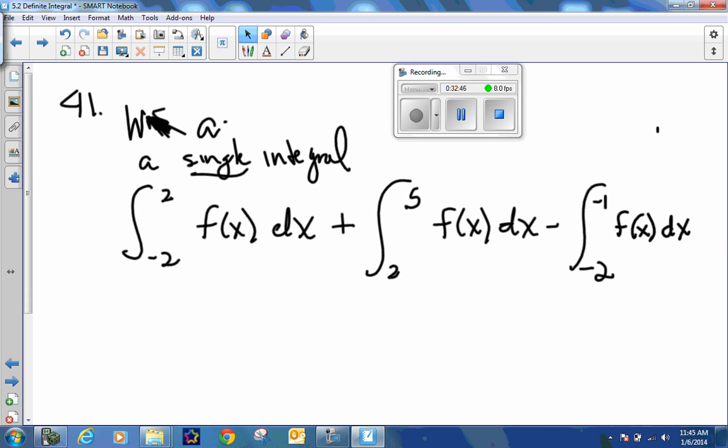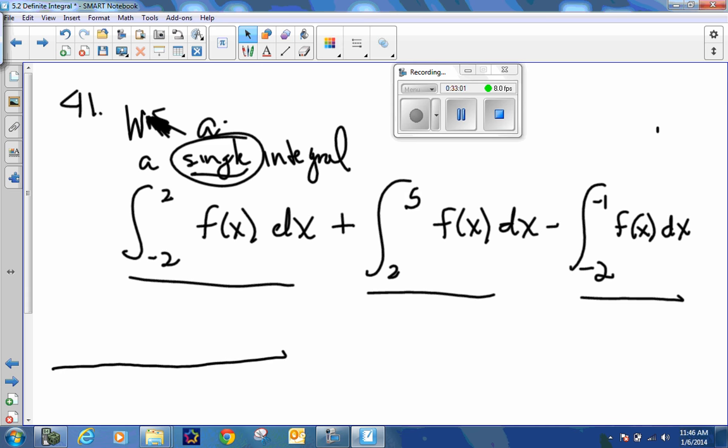As you can see, we have three integrals, and we're supposed to write it as one. Remember, these are all in terms of area, so I'm just going to organize myself.